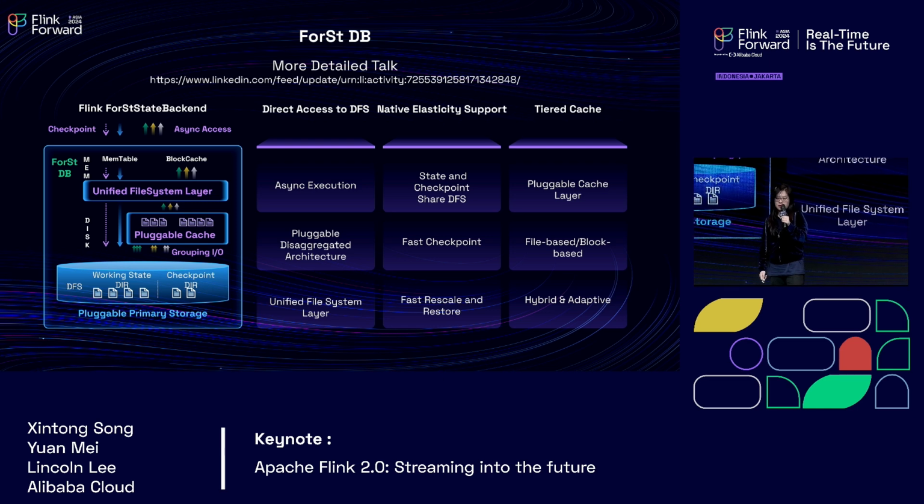So we also made a lot of effort to develop the hybrid adaptive tiered cache. I do not have time to go into all the details, but I have a more detailed talk upfront. If you are interested, you could go to the link and see the more detailed talk about how this fancy stuff happens.